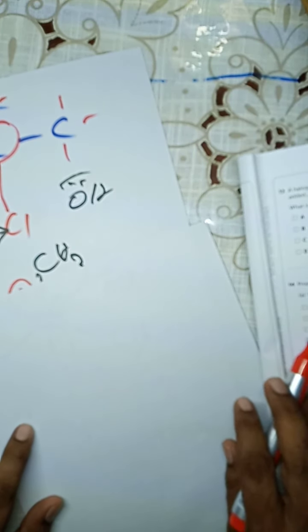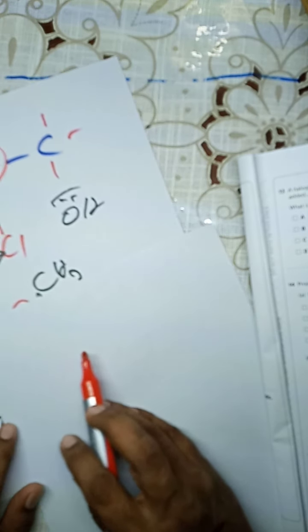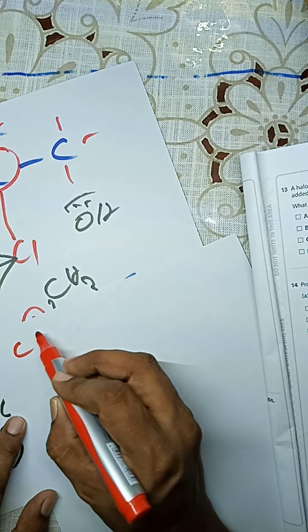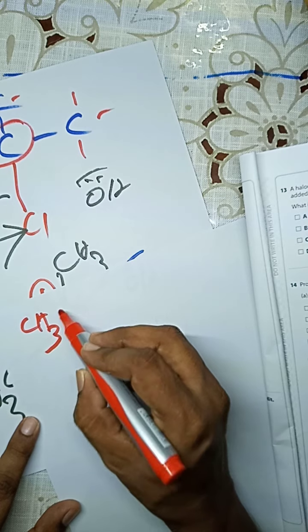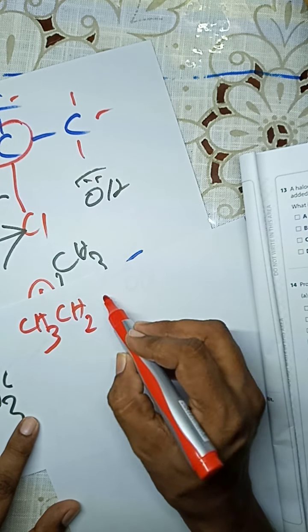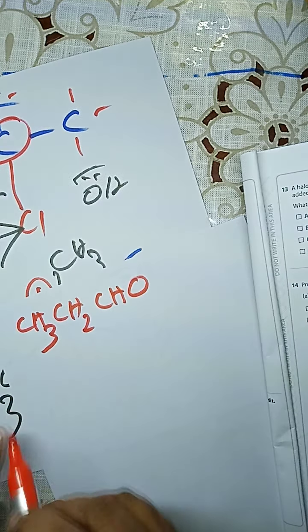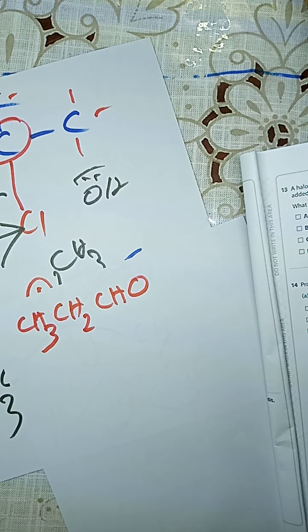We'll write the equations here. For 29, CH3CH2CHO, here the molar mass is 58.